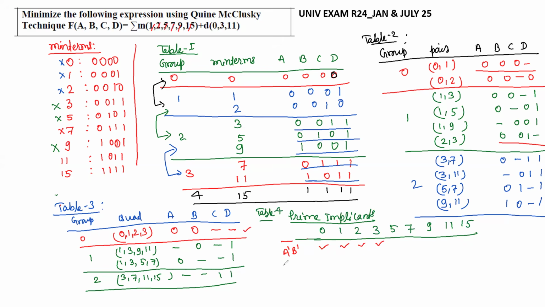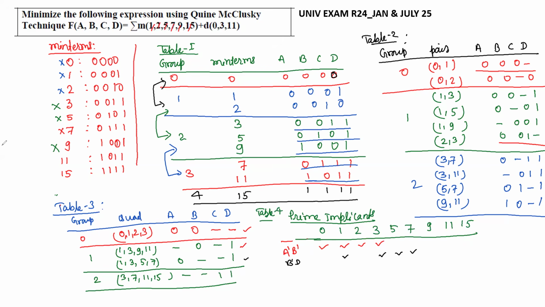Next, the second one. For this, what can we write? B dash D. What min terms does this cover? 1, 3, 5, 7. Like this you can check if any min term is missing.